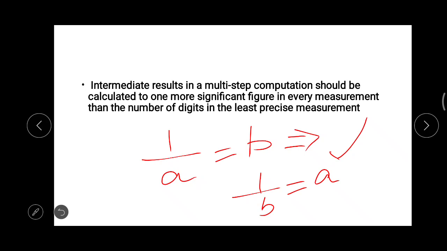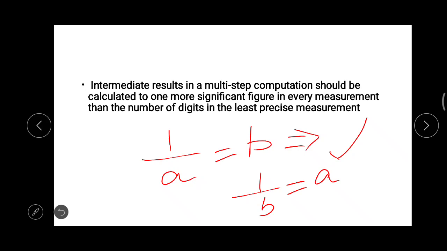In such cases we will consider one more significant figure. The 3 was the actual significant figure number in the question, 9.58. We got the answer as 0.104, but we are adding one more significant figure. For that we consider the 8 as the uncertain value, and the preceding value 3 will become 4.